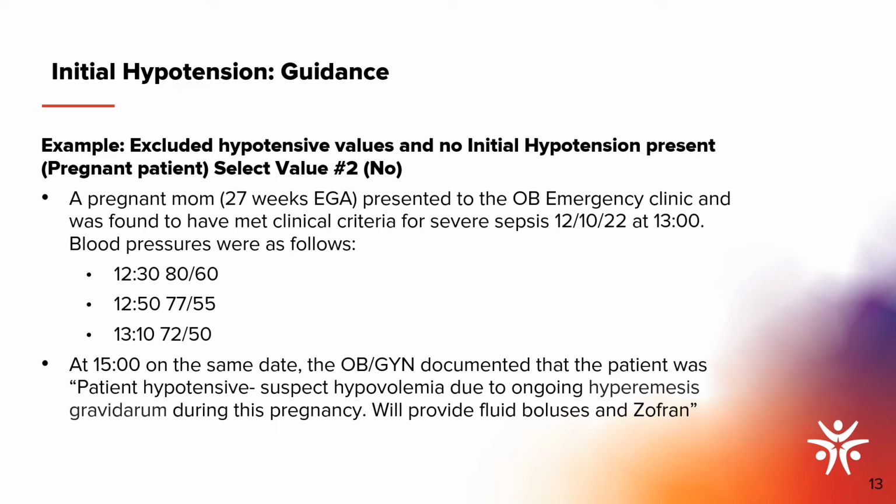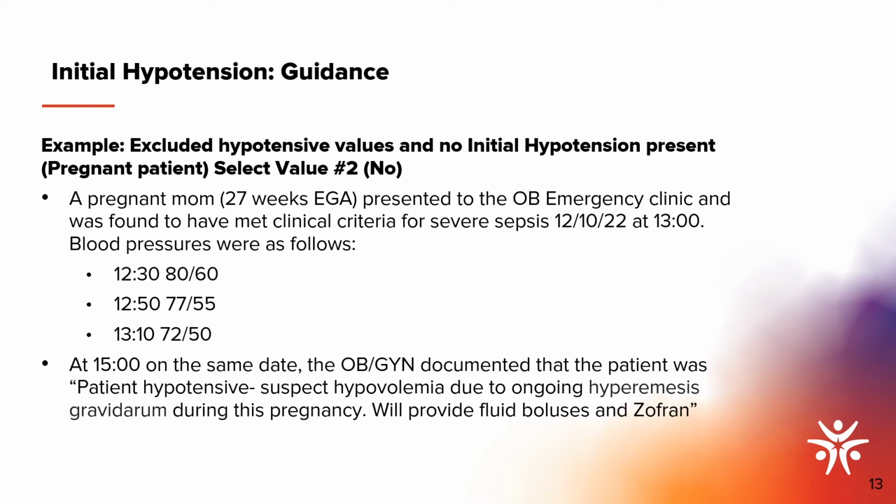I'd like to review one last example that demonstrates acceptable documentation that excludes initial hypotension. This is a pregnant mom who presented to the OB emergency clinic and was found to have met clinical criteria for severe sepsis at 1 p.m. on 12/10/22.